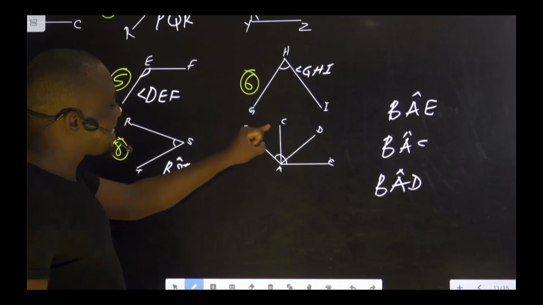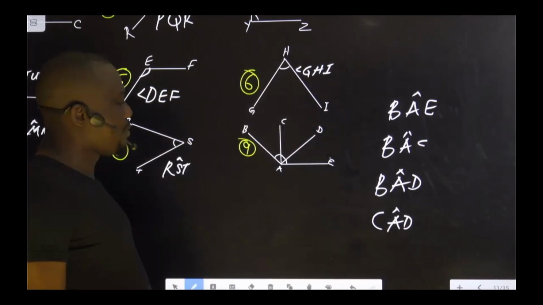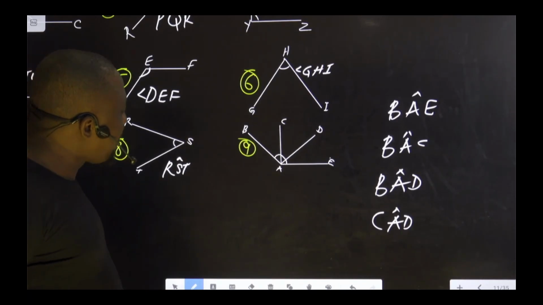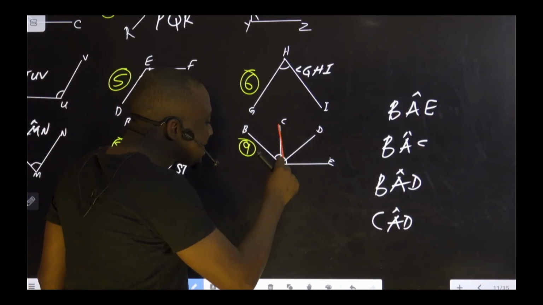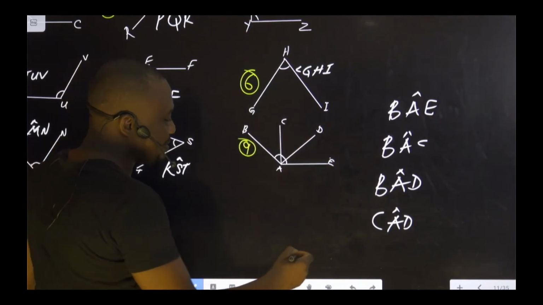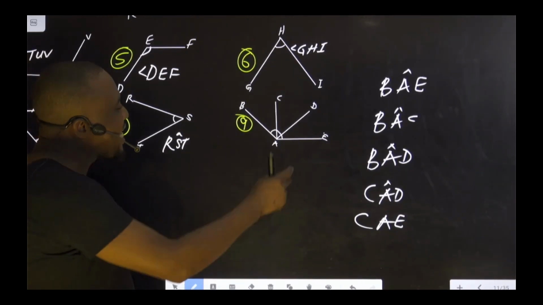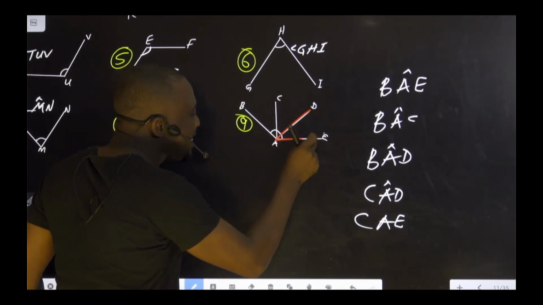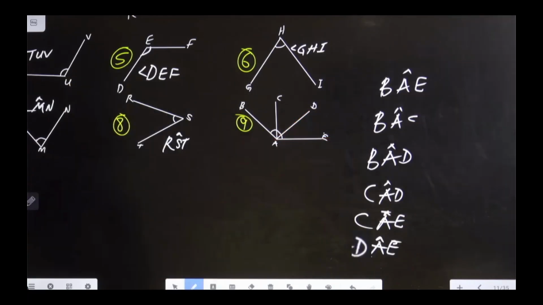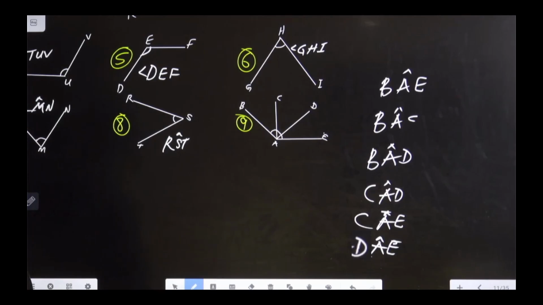That is CAD. Okay? What about between this and this? That is CAE. What are between this and this? That is DAE. So you can see that we have many angles here. You can bring more out.